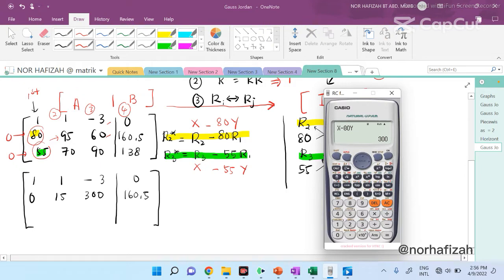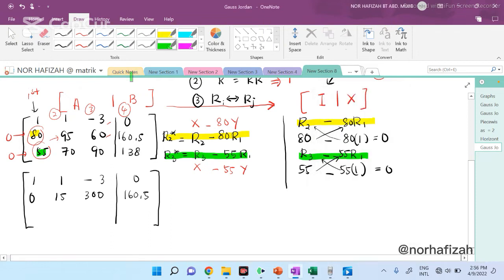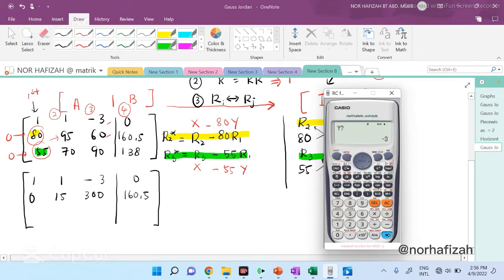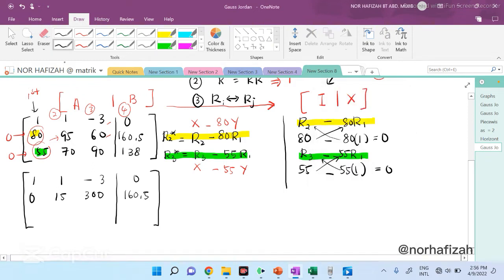So X is alpha X minus 55 alpha Y. So press calculate. Now X is row 3, row 3 is 55. Row 1 is 1. So we calculate 55 equal, row 1 equal 0. Okay, confirm 0. Then we proceed.